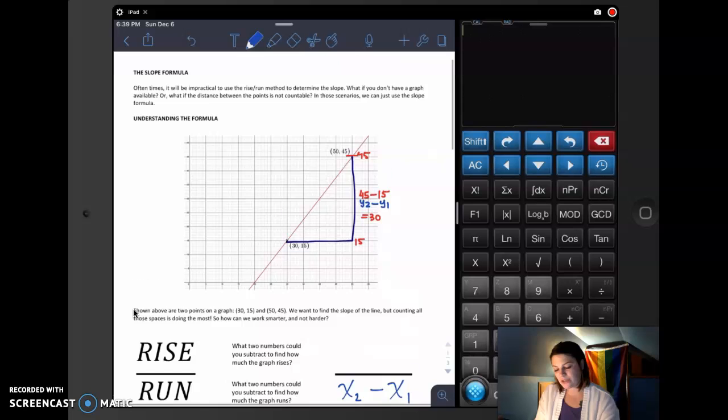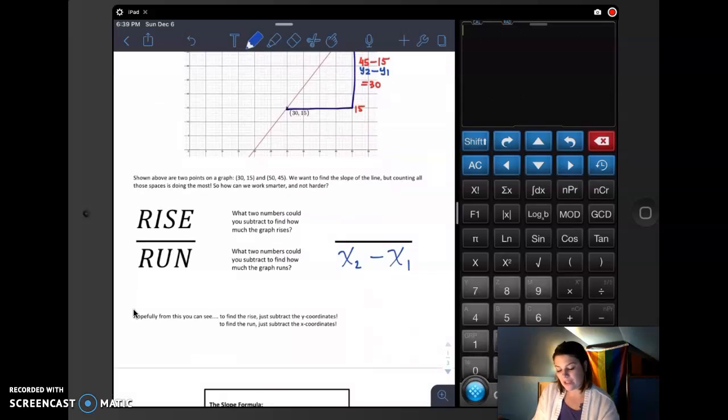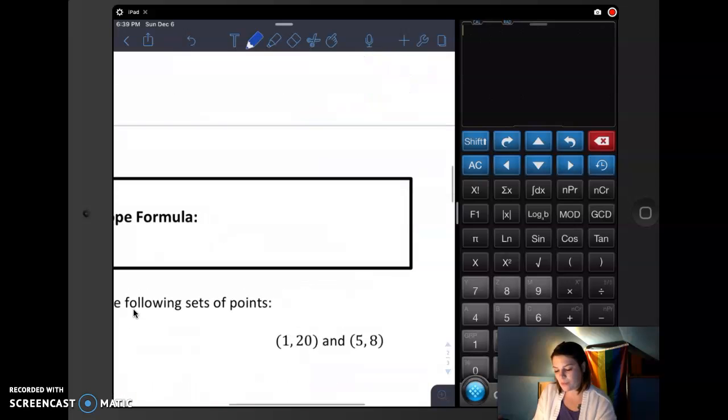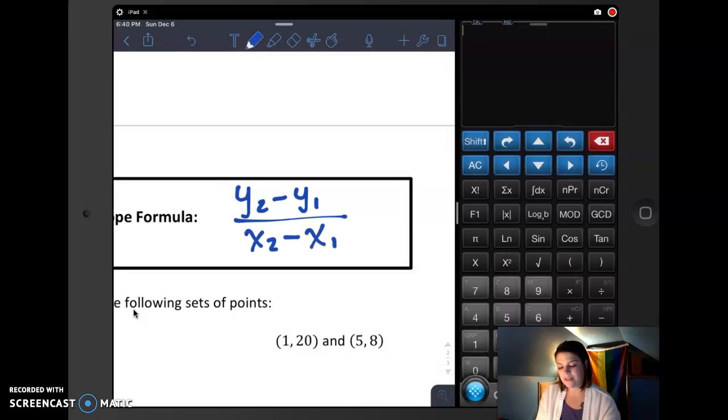So that's what we're going to do here. We have the second y value and we're going to subtract the first y value. And so our slope formula becomes y2 minus y1 over x2 minus x1.